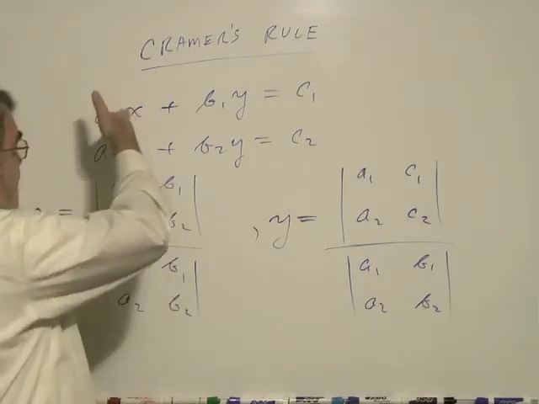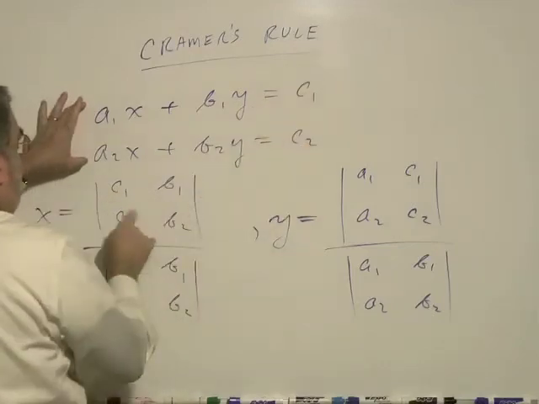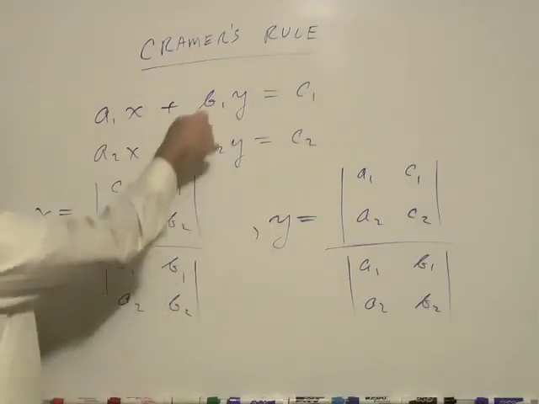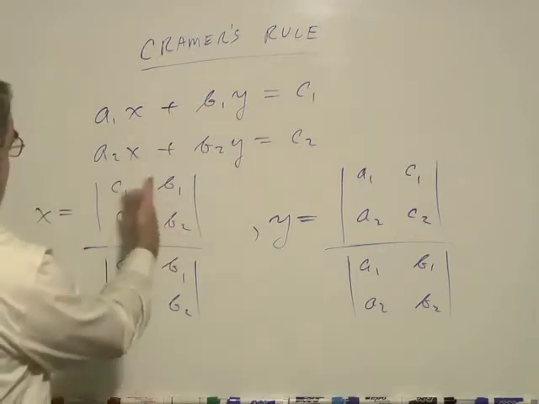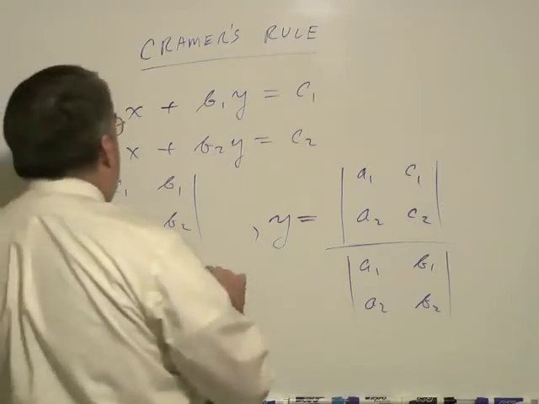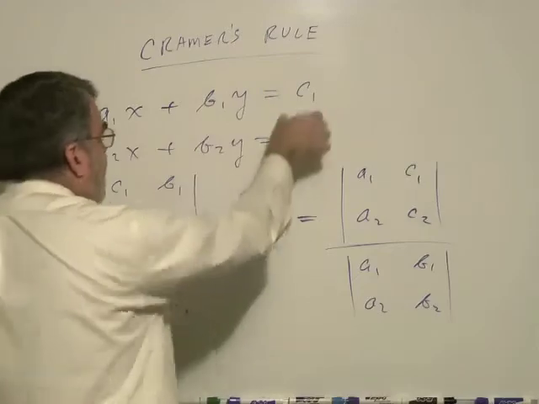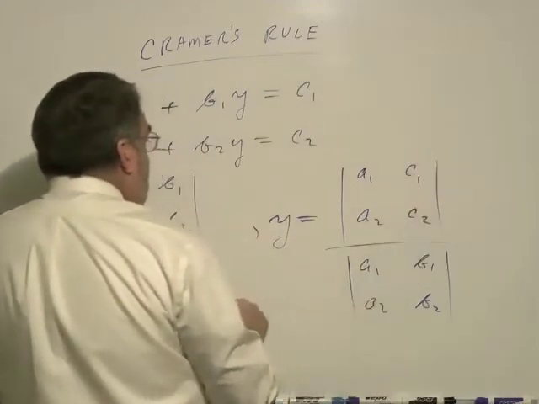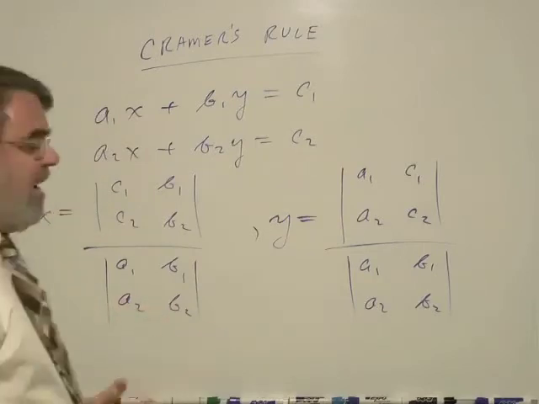So if we replace this first column of coefficients with the right-hand side, c1, c2, and retain b1, b2, because we're not solving for y right here, then we get this determinant. Likewise, solving for y, I would replace the y column coefficients with the right-hand side, c1, c2, and retain the other column, the x column. So that's the pattern there.